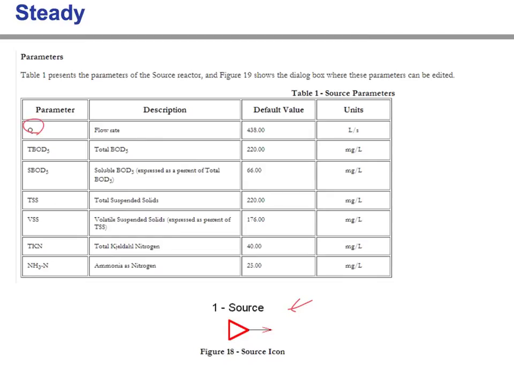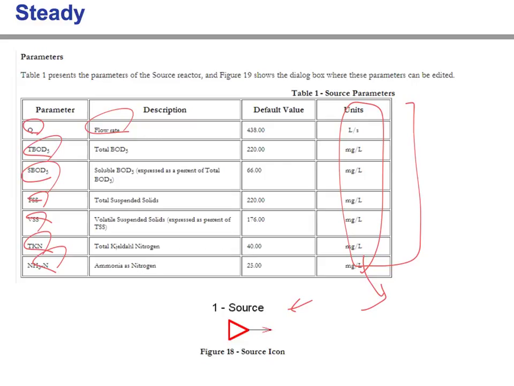Q is flow rate, BOD5, TBOD5 is total BOD5, SBOD5 is the soluble BOD expressed as a percent of the total BOD5, TSS is total suspended solids, VSS is the volatile suspended solids expressed as a percent of TSS, TKN is total Kjeldahl nitrogen, and NH3N is ammonia as nitrogen. And in fact, each has its own units.